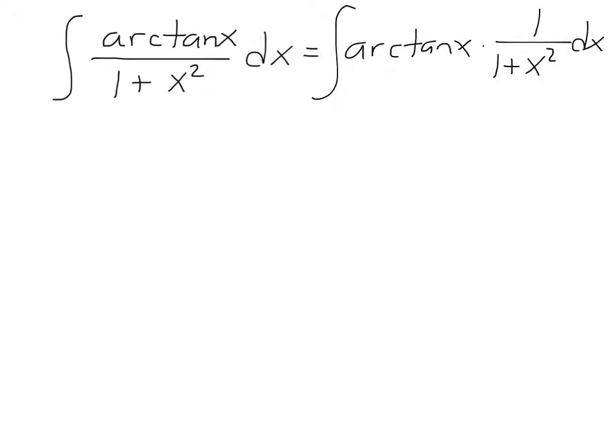And with u substitution, we're always looking for a choice for u, and that u's derivative also is in the problem. And hopefully you see that here, because the derivative of arctangent of x is exactly 1 over 1 plus x squared dx.